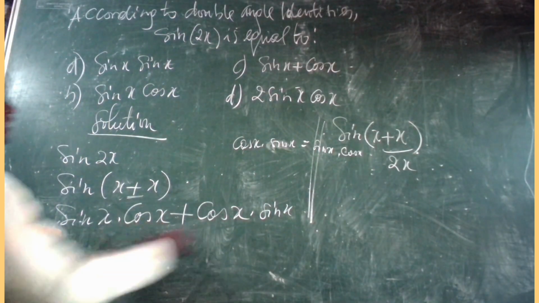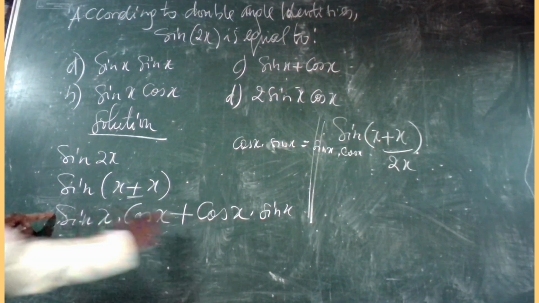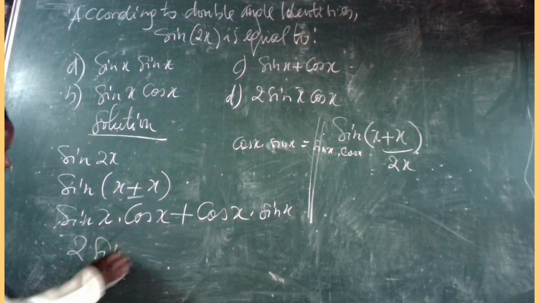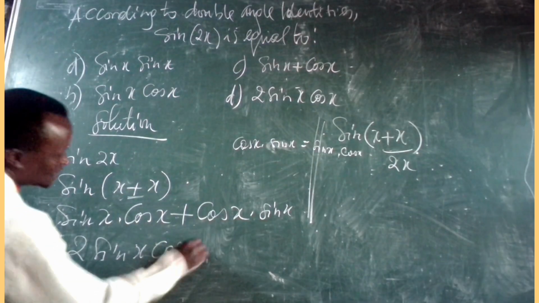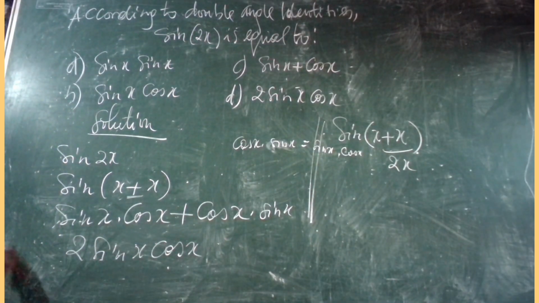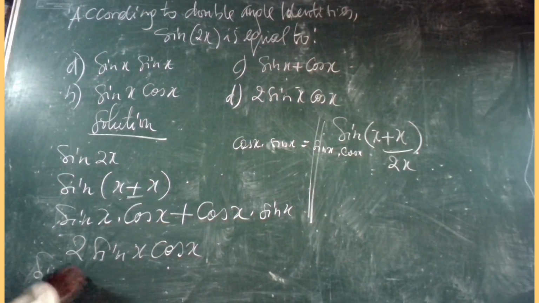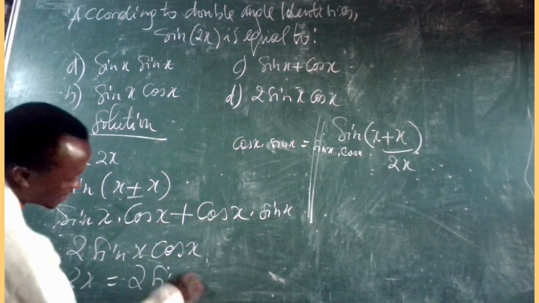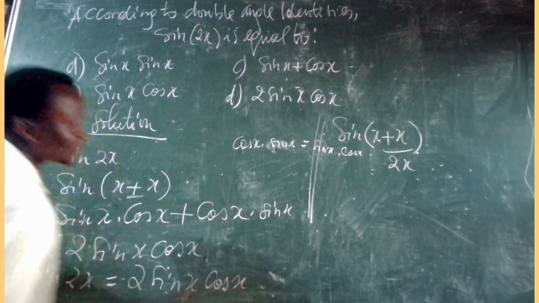Now what should we do? We are going to add this one. Here we have one and here we have one. It means it is 2 sine x cosine x. Now the final conclusion: we say sine 2x is equal to 2 sine x cosine x.